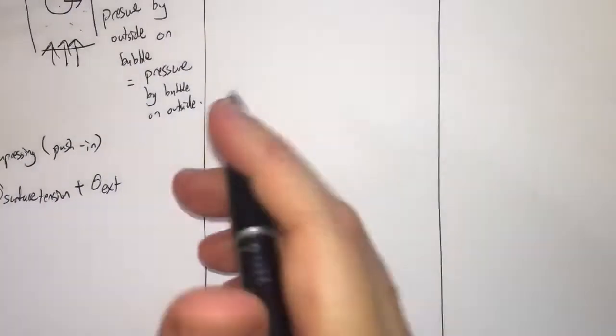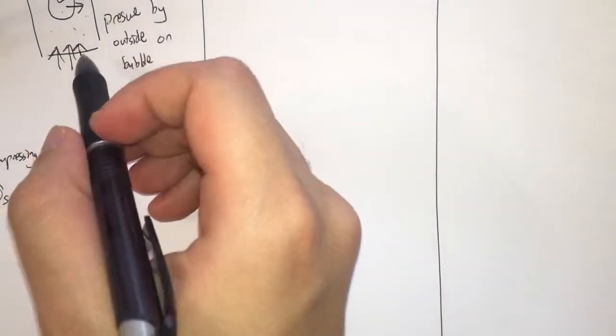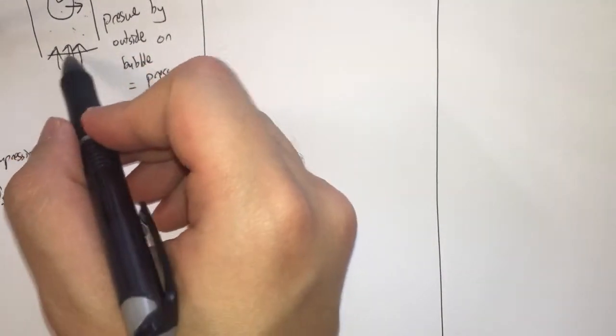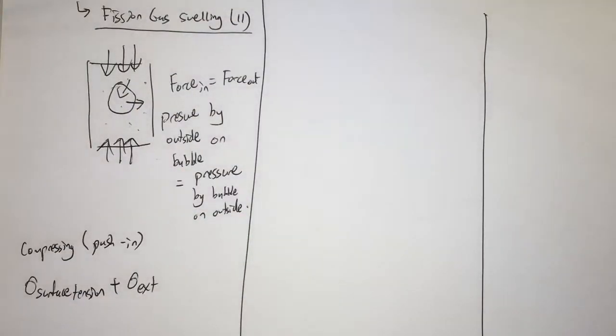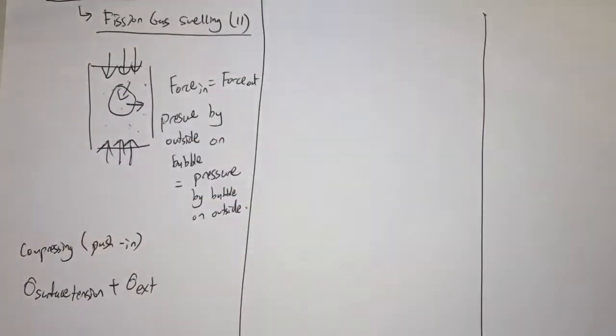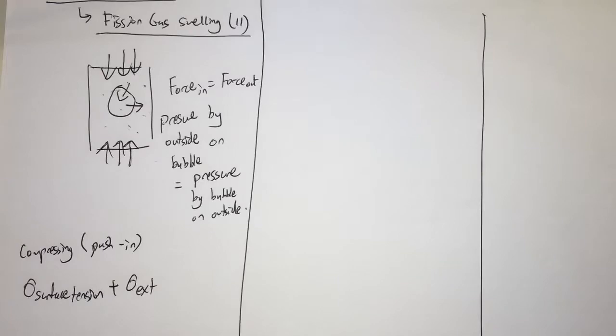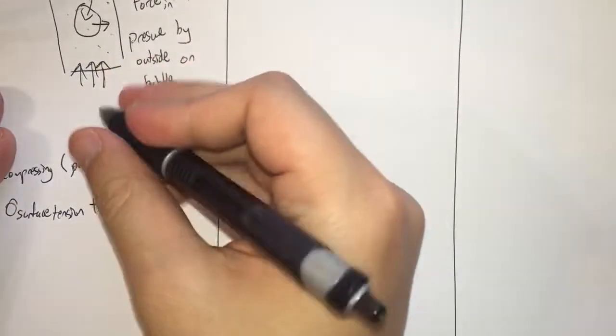But in the fuel pellet, the external stresses may not be so much compared to the forces acting within the bubble itself. So this assumption where we neglect the external stress, we call a stress-free solid.